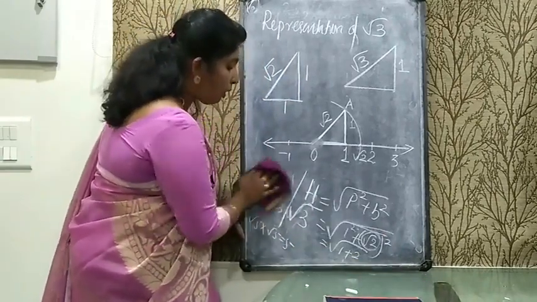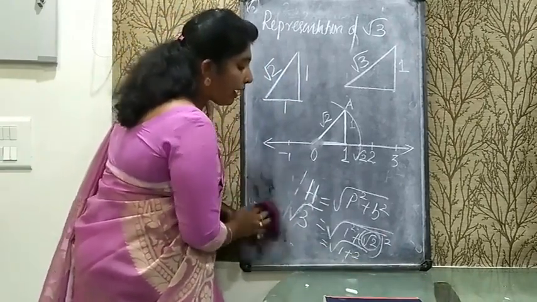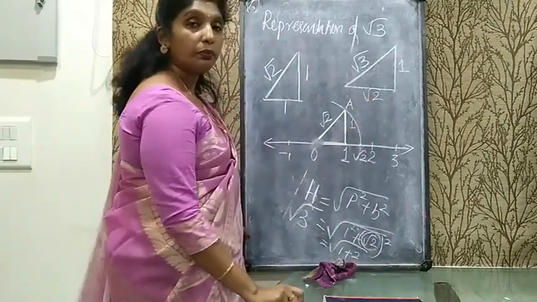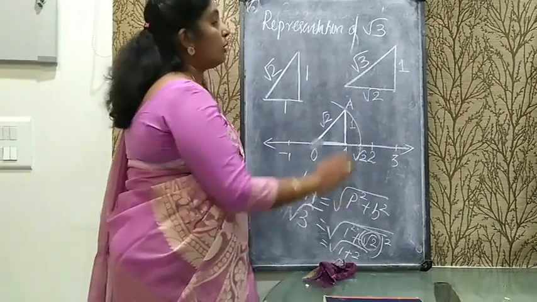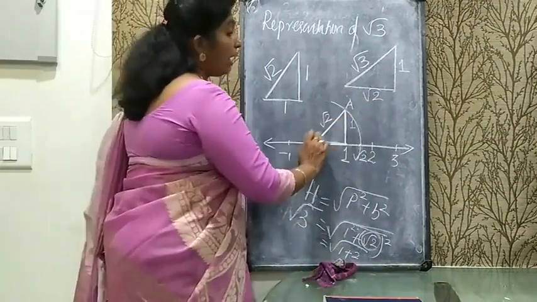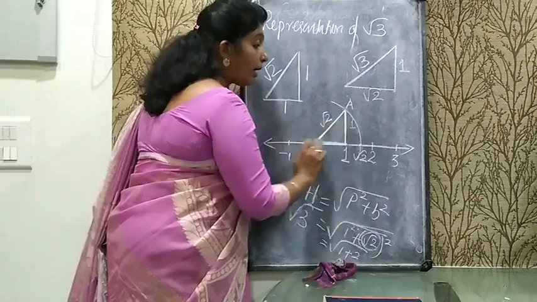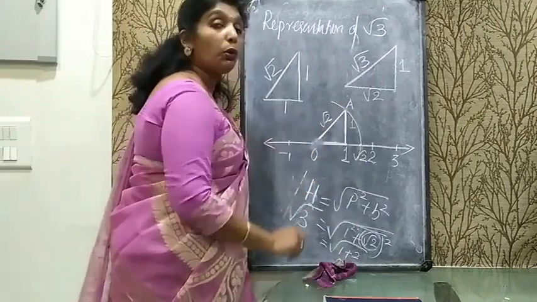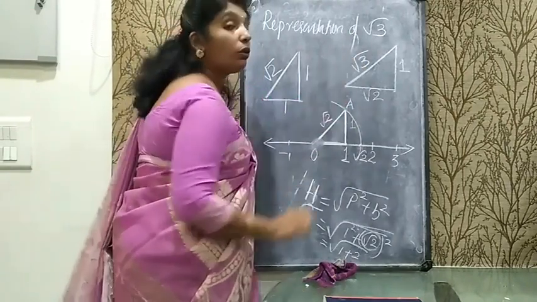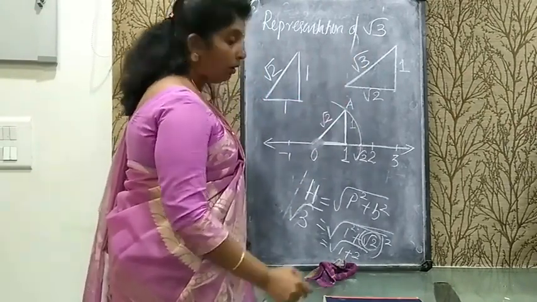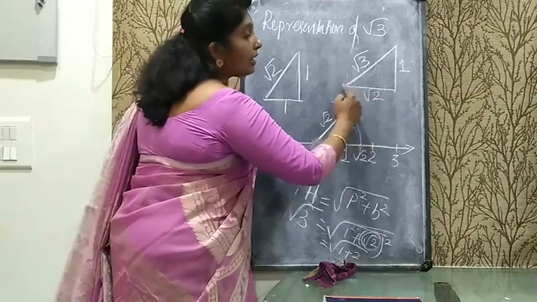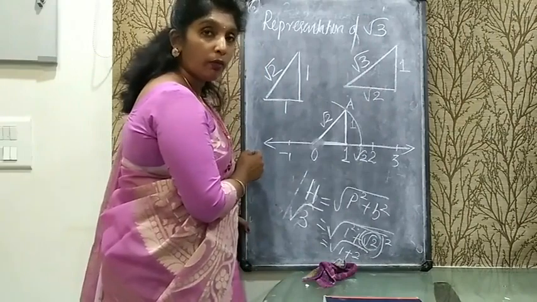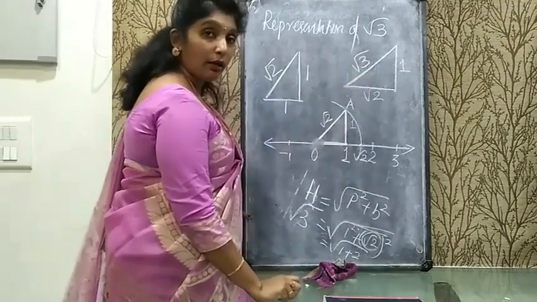We have to draw a right angle triangle whose base should be root 2. Okay. So directly root 2 we cannot draw. That is why we drew it already on a number line in this way. Now we will depend on this root 2 for completing root 3. How? Already you can see that the base should be root 2 and the perpendicular should be 1.